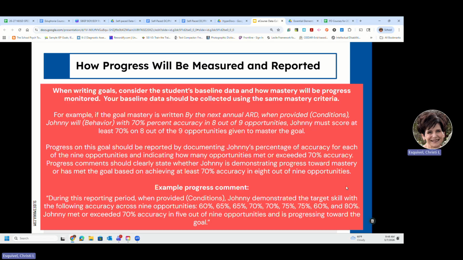Progress comments should clearly state whether Johnny is demonstrating mastery or has met the goal based on achieving at least 70% in 8 out of 9 opportunities.